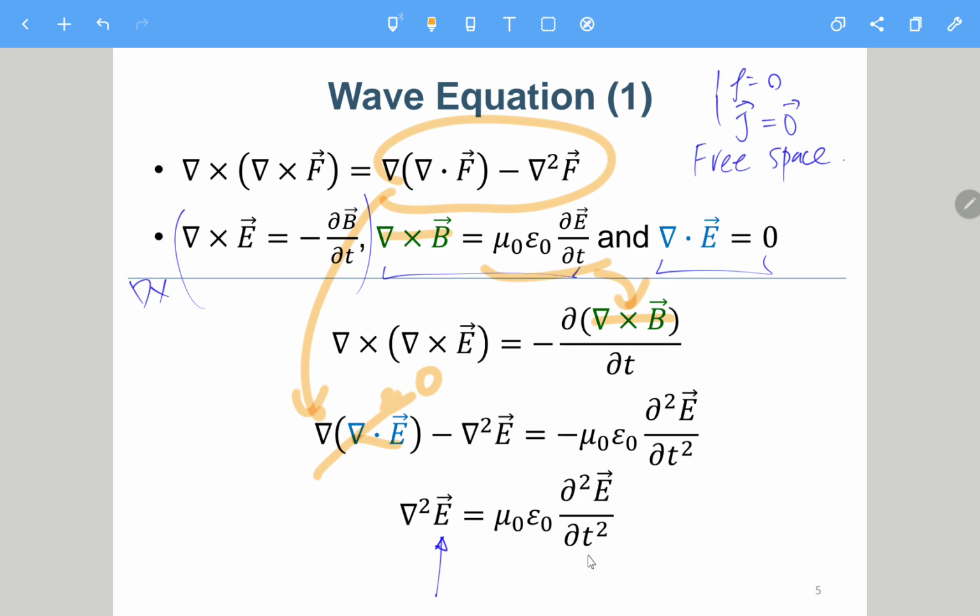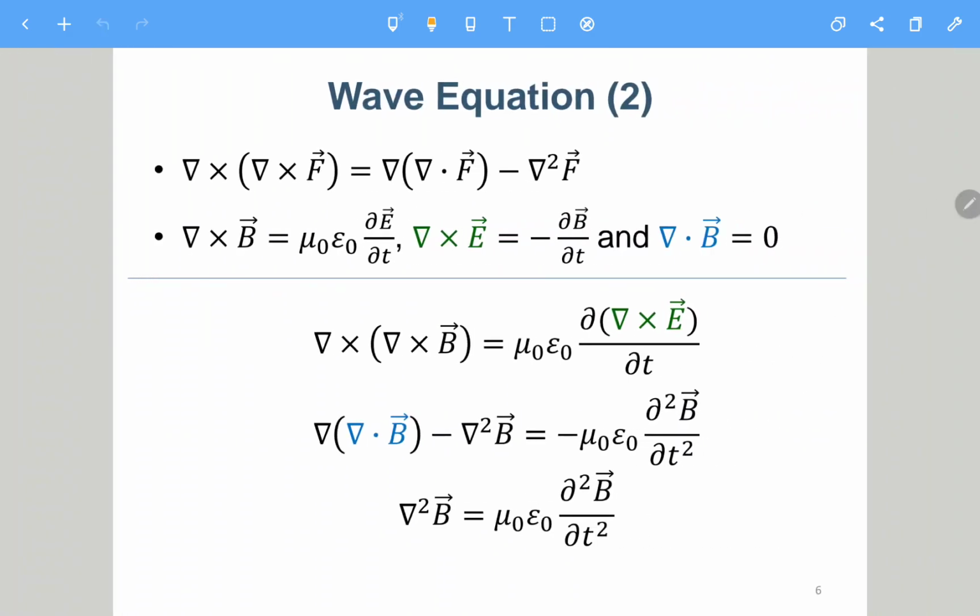So this is the wave equation for the E field, and then we can also derive the wave equation for the B field with a similar procedure, but the order is slightly different. We still need to use this, which is Ampere's law in free space.